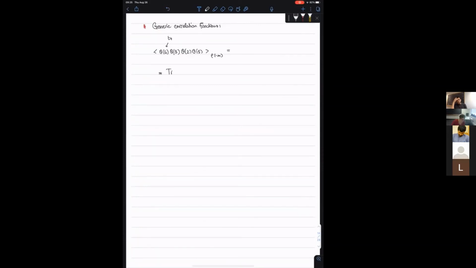So trace of, and I start from defining the density matrix, which is where the initial state is defined here. And I evolve it forward to where the first operator is defined, somewhere over here.